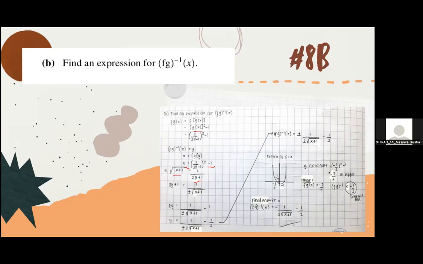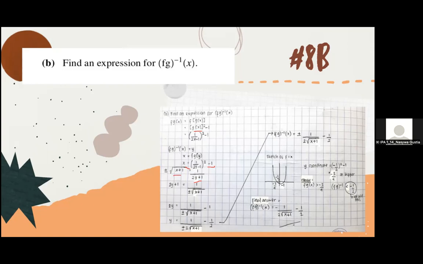And then move 1 to the right-hand side. So we will get 2y equals to 1 over plus minus square rooted x plus 1. And next we divide them by 2.